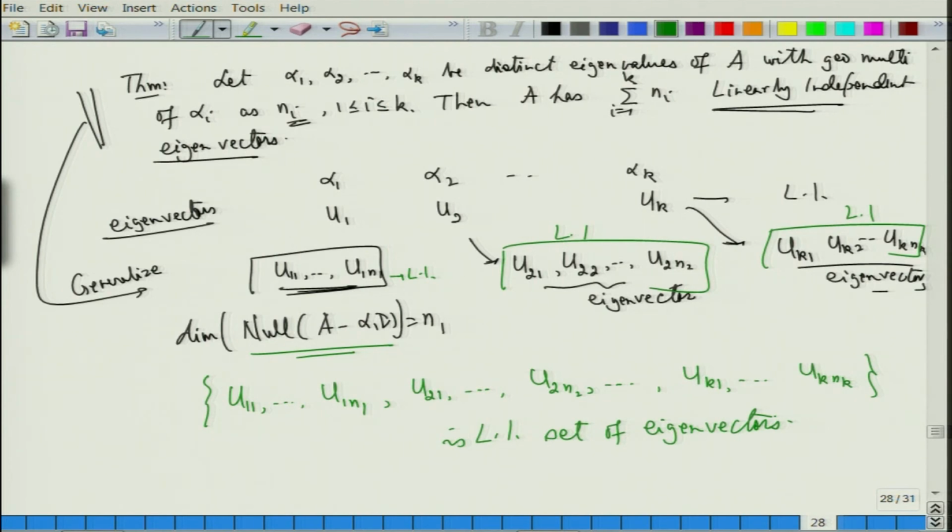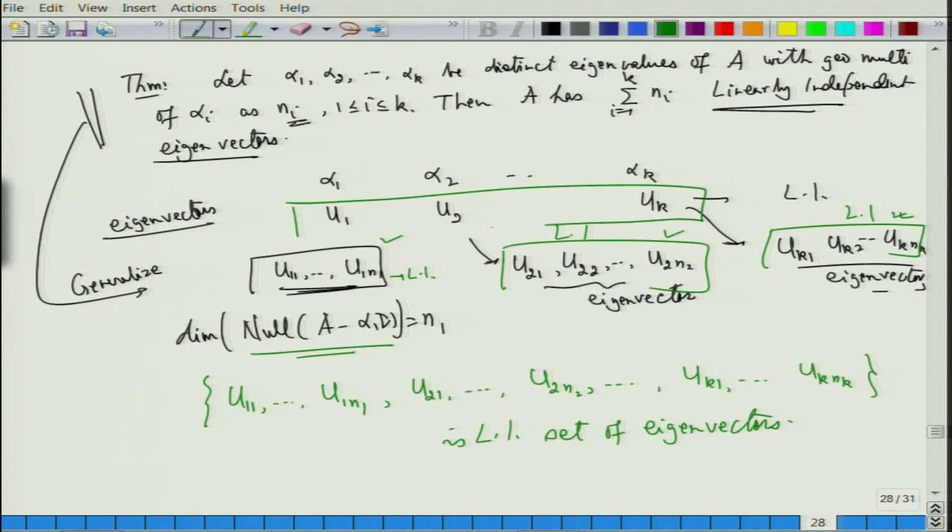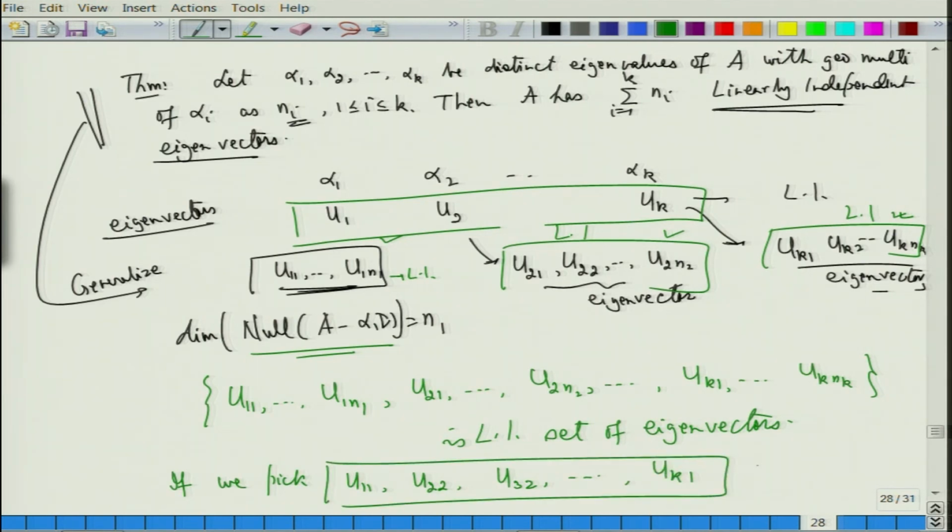And the idea of the proof is, what I know is that if I just pick any vector from the first set, any vector from the second set, any vector from the kth set, then that is linearly independent because of the previous theorem. All right. So, they are linearly independent because if I have any collection of eigenvectors corresponding to distinct eigenvalues, they are linearly independent. So, if I pick u11, u22, u32, so on till uk1, this collection is linearly independent because they correspond to distinct eigenvalues.